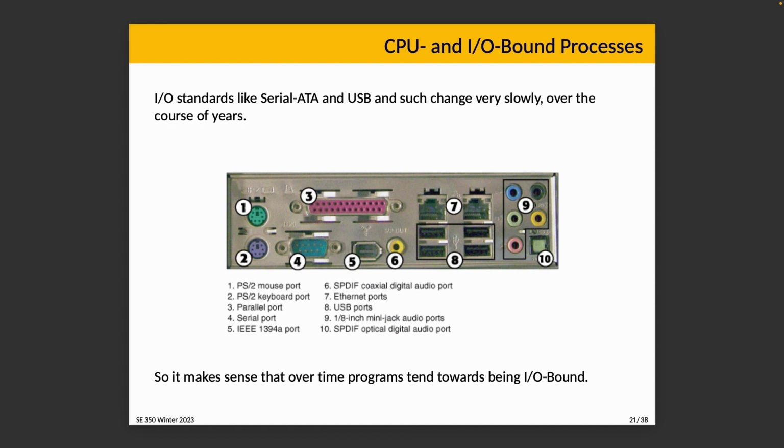Just take a scan over this and tell me how many of these connectors you recognize, and how many of them you have used. Right. Here's a picture from the back of a motherboard. It represents a lot of different connectors, and over time a lot of them have migrated, if you will, to USB.